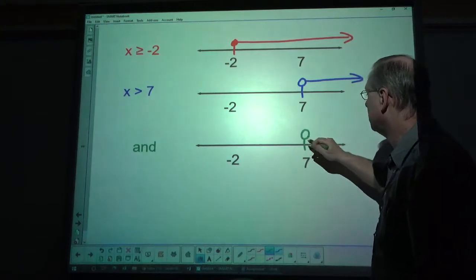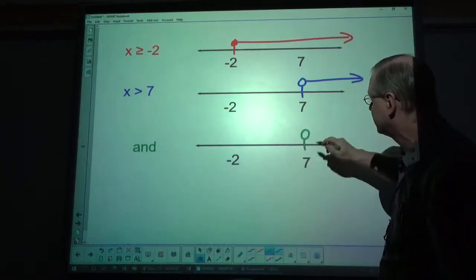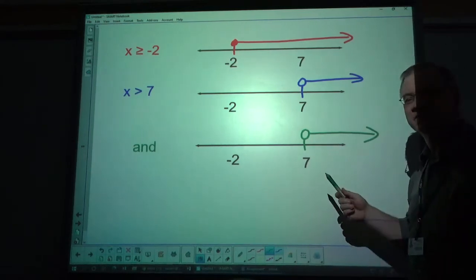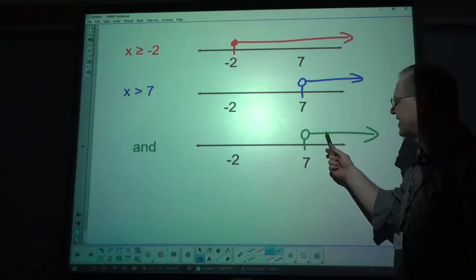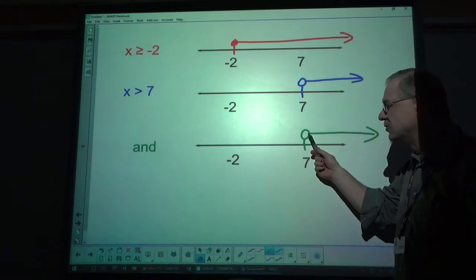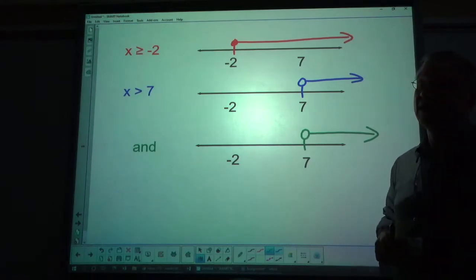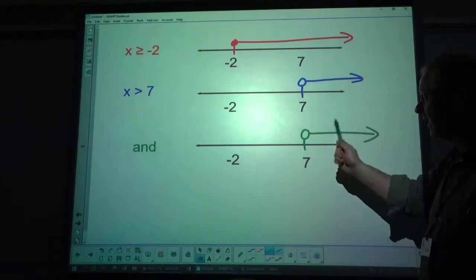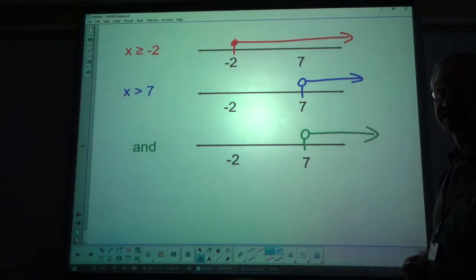So we're going to say an open circle because that's not including 7, but above 7. And the other reason we use an open circle is to say everything right up to, but not including 7. Like 7.000001, that would be included, but 7 itself is not.